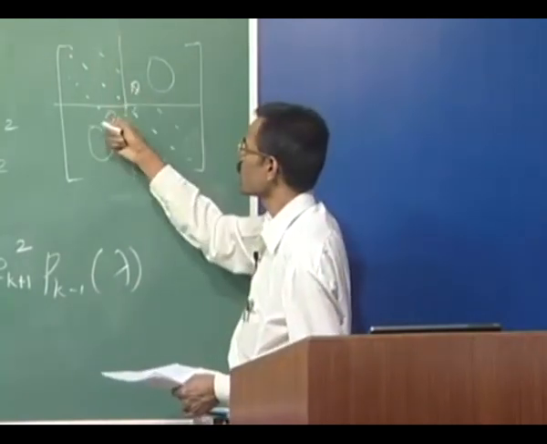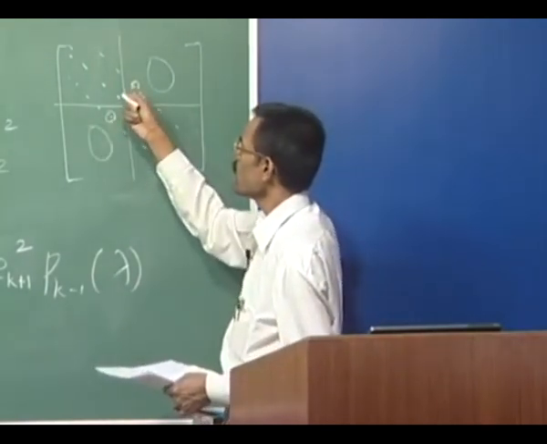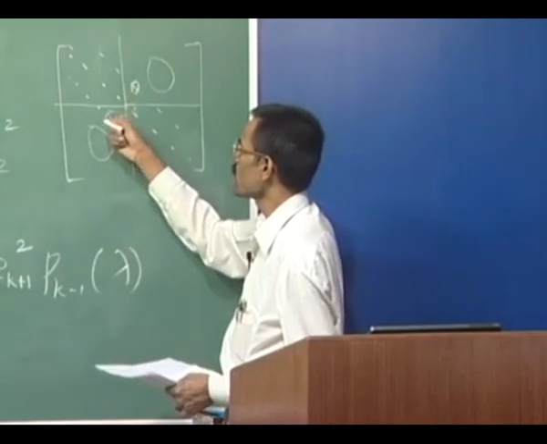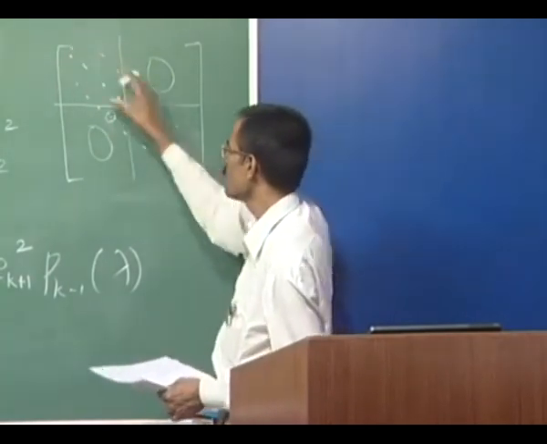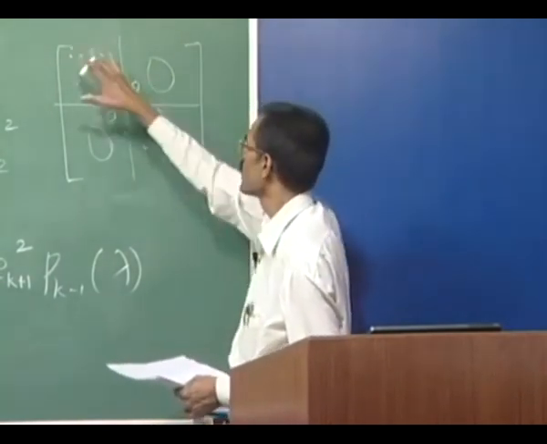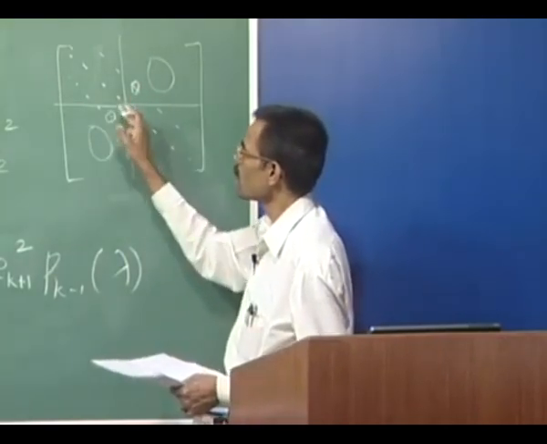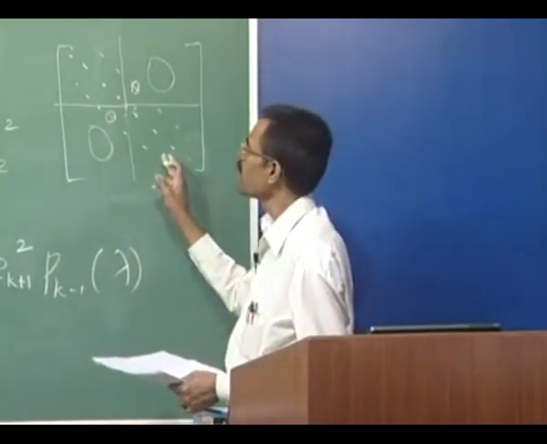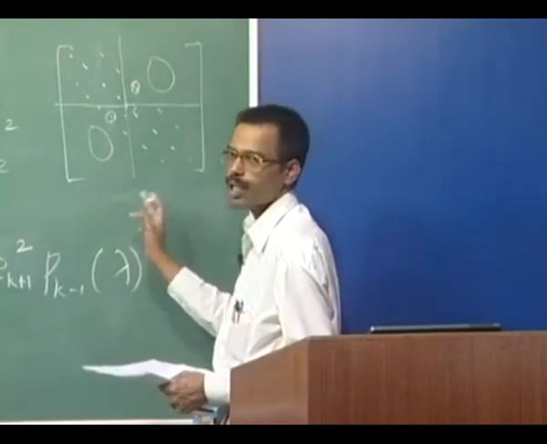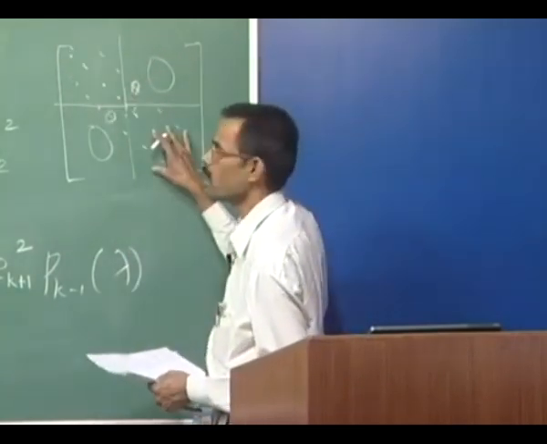Earlier, if these were non-zero, it was a huge n by n matrix. Now, these two zeros decouple the two subspaces completely. This is one block and this is another block.